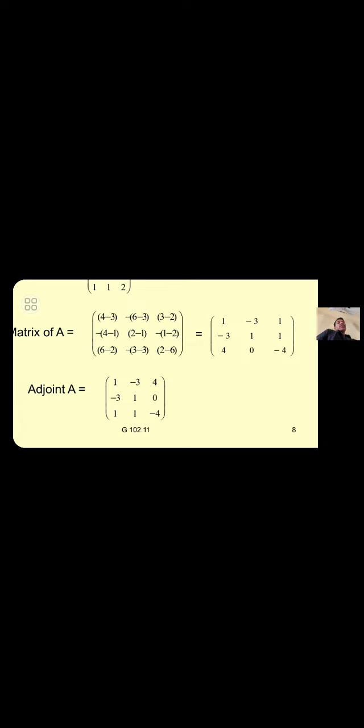The cofactor matrix has 1 minus 3 4 as a column, and now in adjoint A it is changed to a row. So this is called the transpose of a cofactor matrix, and we say that matrix is the adjoint matrix. So adjoint A equals to 1 minus 3 4 minus 3 1 0 1 1 minus 4.